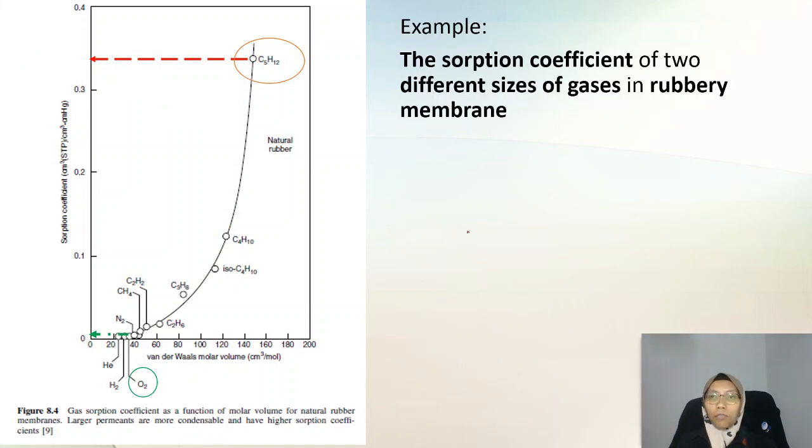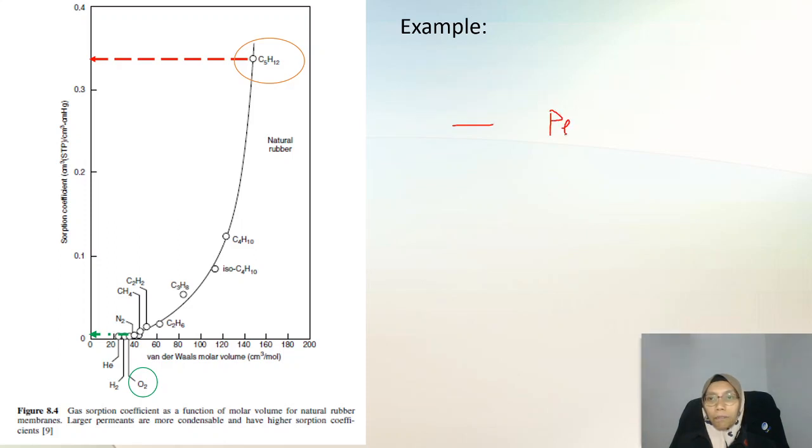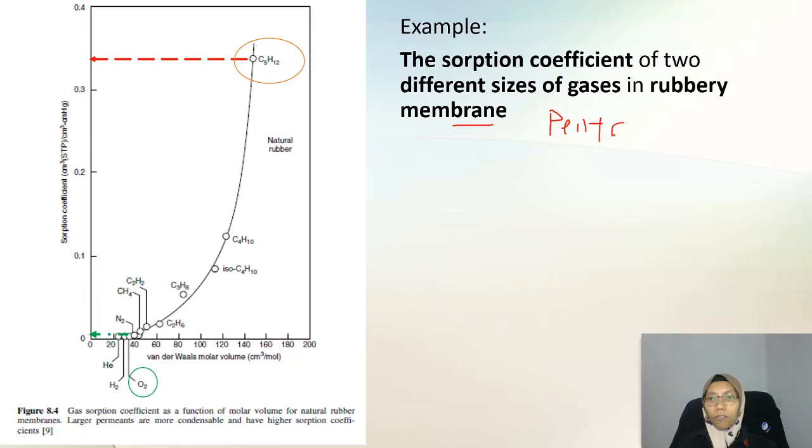You need to find the absorption coefficient of two different sizes of gases in a rubbery membrane. So let's say we're talking about pentane and also oxygen. The condensable gas is pentane. Where is your pentane here?